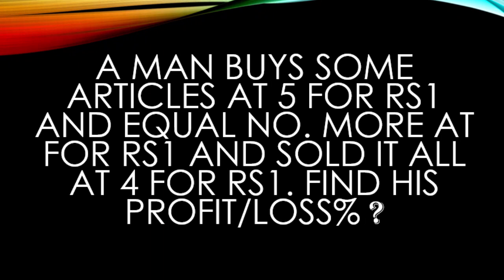Moving on to the next question, you can see it on your screen. A person buys some articles at 5 for 1 rupee, and the same number of articles more at 3 for 1 rupee, and sold all of them at 4 for 1 rupee. What is the profit percentage or loss percentage?